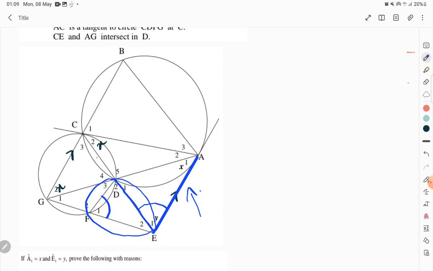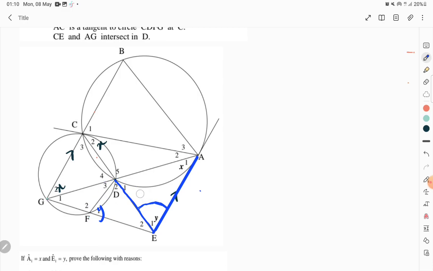For the line to be a tangent, the angle between that line and the chord must be equal to the angle subtended by that chord at the circumference of the circle. So this is the chord DE. It must subtend the angle that is equal to Y, which is between this line and this chord. So we need now to prove that F1 is equal to Y as well.